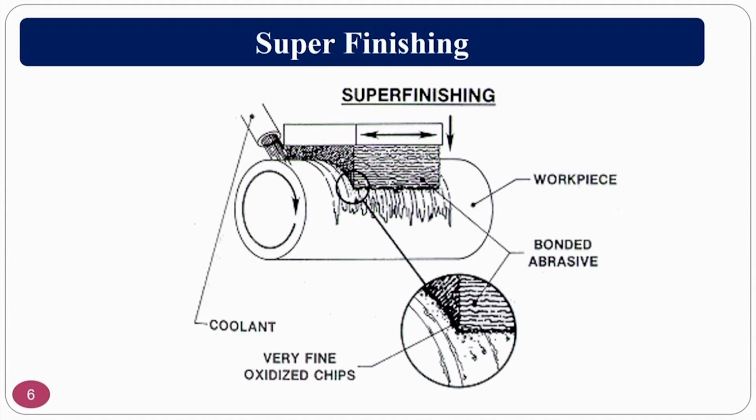In the super finishing process, you have a workpiece, a cylindrical workpiece given here, and you have an abrasive stone, a bonded abrasive super finishing stone. You put some coolant or lubricant, so that any temperature generation and flushing of chips is handled; for that purpose you always put the cutting fluid or coolant here.